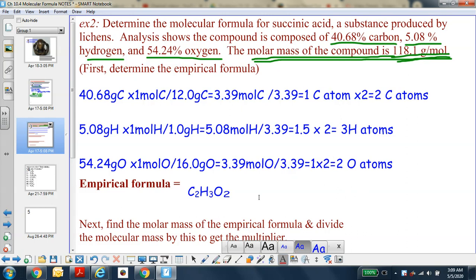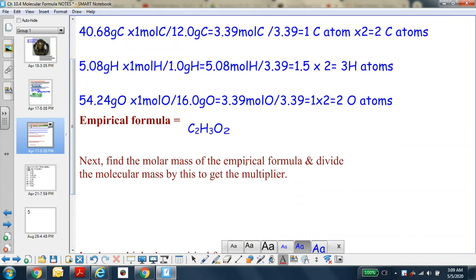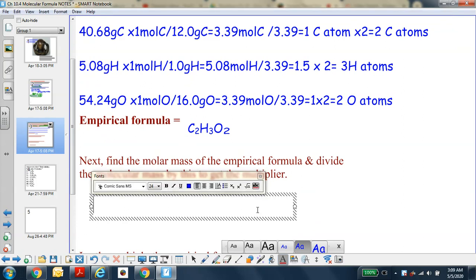We had the empirical formula and we had the molar mass of the molecule. So we're just going to figure out what the empirical mass is. And I've got carbon, there's two of them, times 12.0, which is the atomic mass.